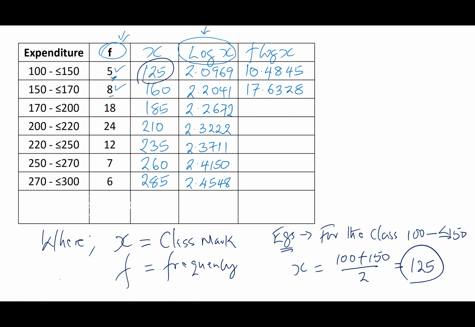If that is 40.8096. Then the next one is 55.7328.